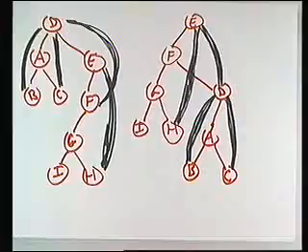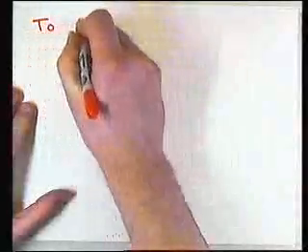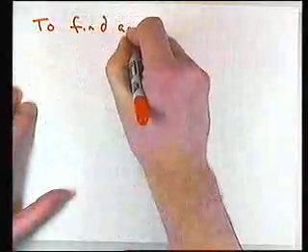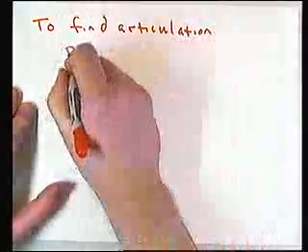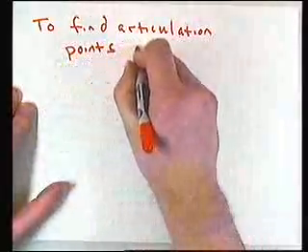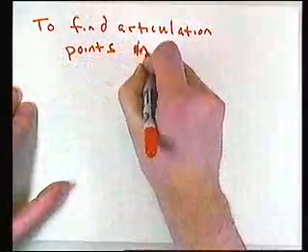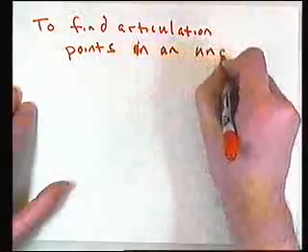So that suggests then that a naive algorithm for finding articulation points in an undirected graph.